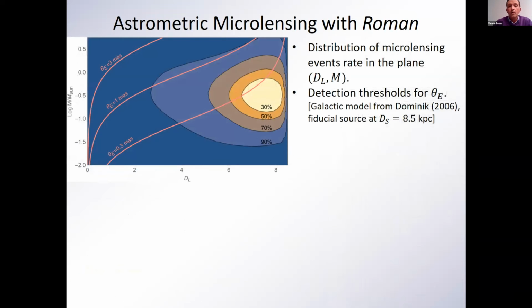So what can we expect to see with Roman? This is an almost back-of-the-envelope calculation to understand which fraction of events we expect to show any astrometric signal with Roman. I just used a very old galactic model by Dominik. You can see that an angular Einstein radius of 1 milliarcsecond is already quite large for typical microlensing events, which have a lower angular Einstein radius.